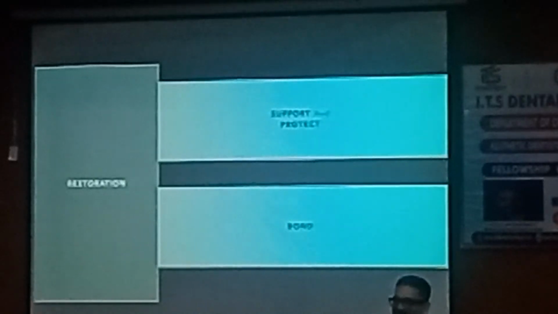How much do you charge? See, I'll tell you, the lab charge for an indirect inlay is somewhere between 3,000 to 5,000, the lab charge. After this is your charge. So give or take, you should charge at least 15 to 25,000 for you.